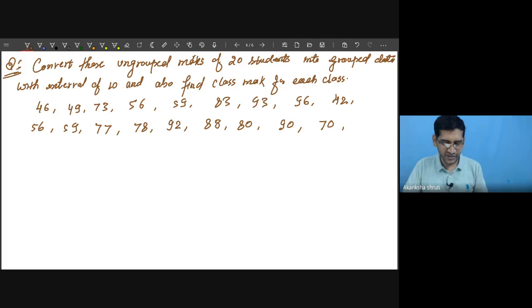How many have we taken? 1, 2, 3, 4, 5, 6, 7, 8, 9, 10, 11, 12, 13, 14, 15, 16, 17, 18 we have taken. Two more we shall take as 83 and 50.